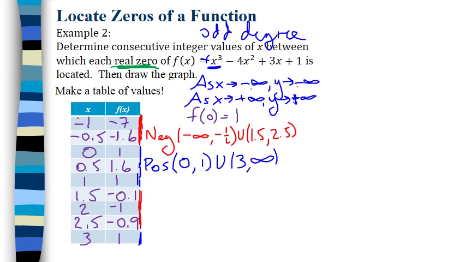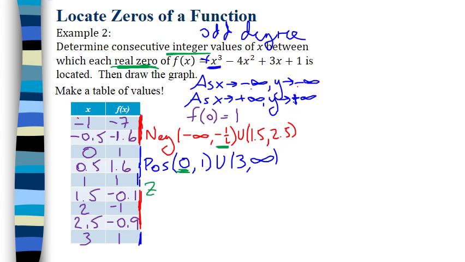So our zeros are going to happen at these interchanges. Since it says integer values, we can estimate that we're going to have a real zero somewhere between -1 and 0.